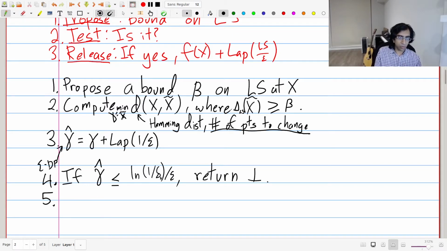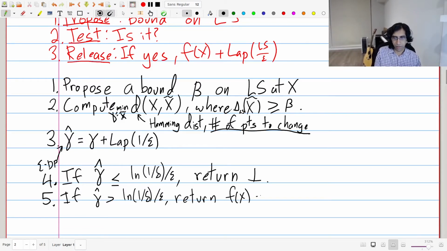On the other hand, what if gamma hat is large? So if gamma hat is, say, greater than ln of 1 over delta over epsilon, then we're going to do as we said before, we're going to return f of x plus Laplace of, say, beta over epsilon.